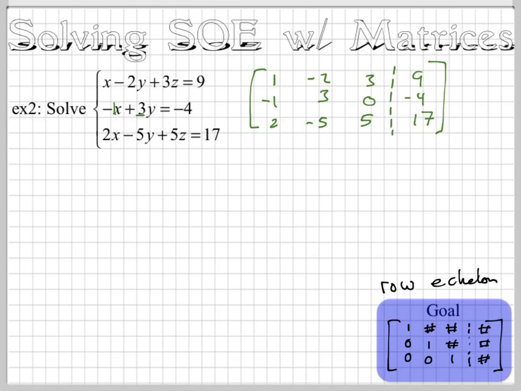Okay, so we're going to take that top row. To get our new row 2, we're going to take that top row and add it to the second row. Let's do 2 operations at once. How can we make this one a 0? There's 2 ways to do it.